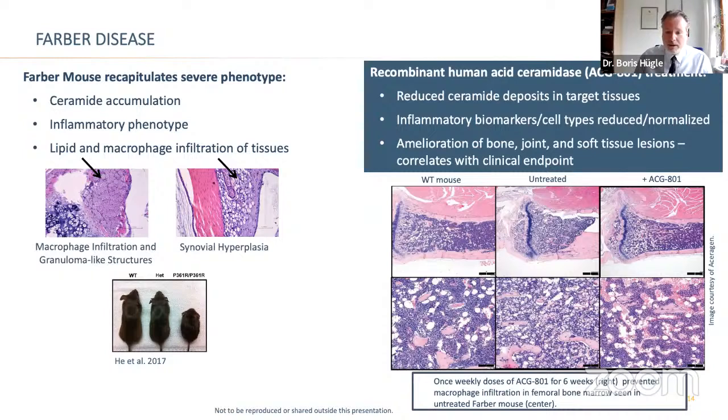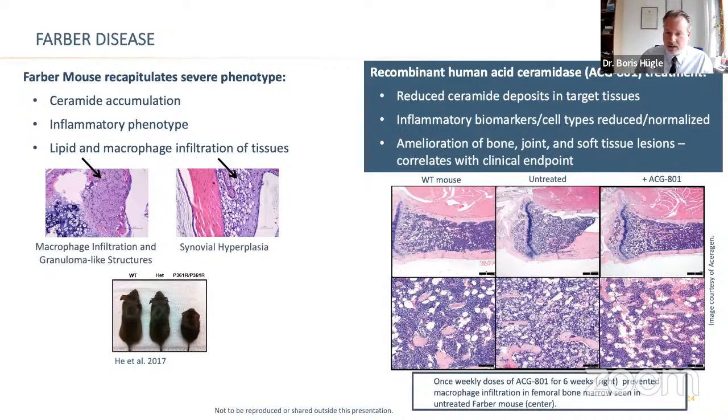And there has been work done by Asagen, actually using the human acid ceramidase, the enzyme replacement in mice, which you can do because it is actually quite similar. And you can see in the images to the right, left side is the wild type mouse, where you can see the bone marrow is normal, and untreated, you can see that there is fatty accumulation in the bone marrow.